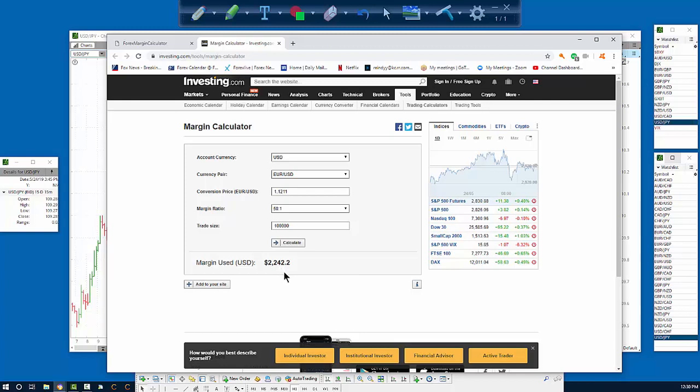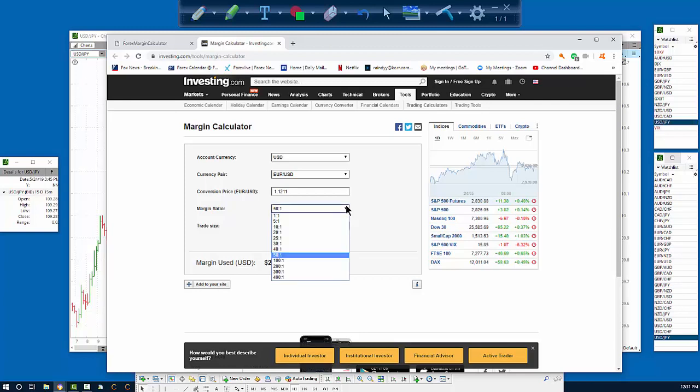Huge difference, right? If you had a $10,000 account and you made a one lot trade in Euro USD in the United States, you just had almost 25% of your account pulled off temporarily as a deposit for being in that trade.